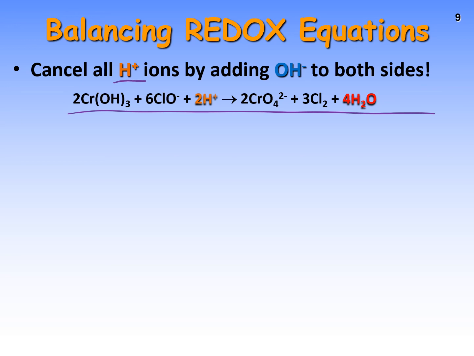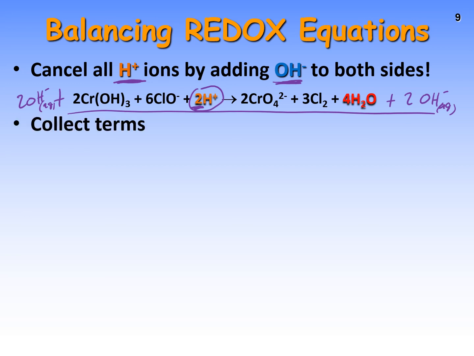And the way we do that is we convert the H pluses to OH minuses. I have 2 H pluses in this reaction. So what I'm going to do is add 2 OH minuses to both sides. If this number was a 3, I would have added 3 OH minuses to both sides. If it was a 5, I would have added 5 OH minuses to both sides.